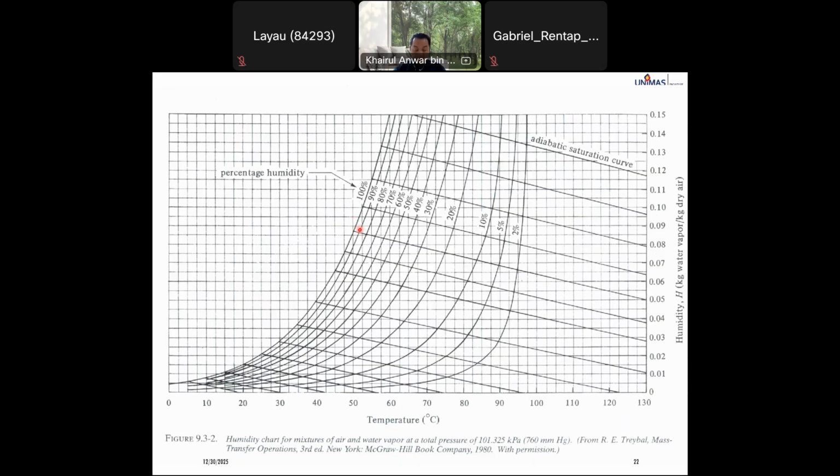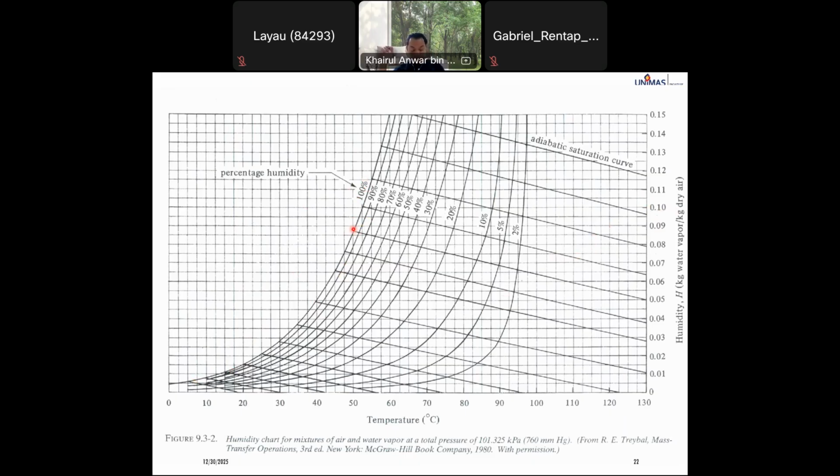The curve marked 100%, running upward to the right, gives the saturation humidity HS, as a function of temperature, in Example 33.3-1.